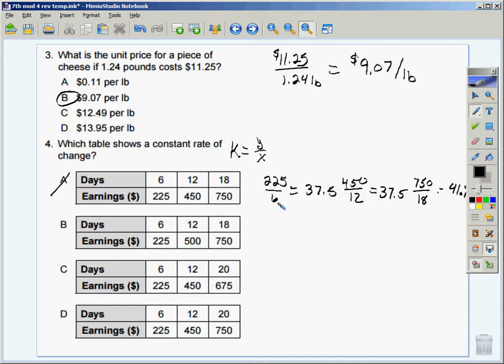And since 6, 225, 12, 450 were the same, 37.5, it's not B. I don't need to check the first two in C and D because they're both the same. So I am going to take now 675 and divide it by 20.